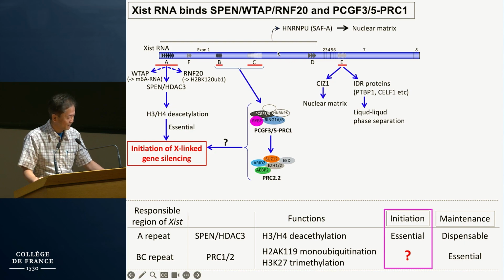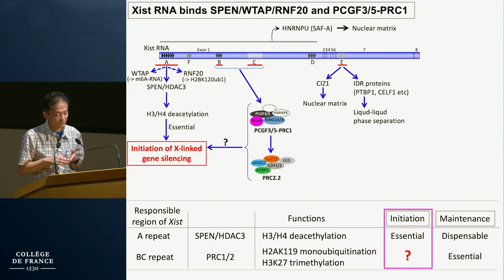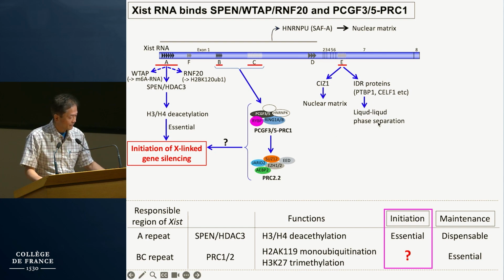This next recruits PRC2.2, and finally accumulates polycomb histone modifications, histone H2A K119 ubiquitylation and histone H3 K27 trimethylation. We now know that these polycomb complexes are important for the maintenance of X inactivation. However, we still do not know if they are critical for the initiation phase of X inactivation by Xist RNA.